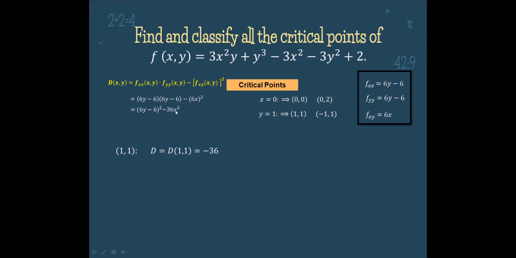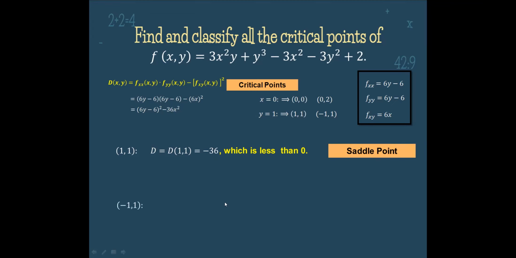And then for x equal to 1, that means we have 0 minus 36, and that is negative 36, which is less than 0. And if it is less than 0, of course, there's no need for us to evaluate the second order partial derivative of f with respect to x, but we consider this point as our saddle.